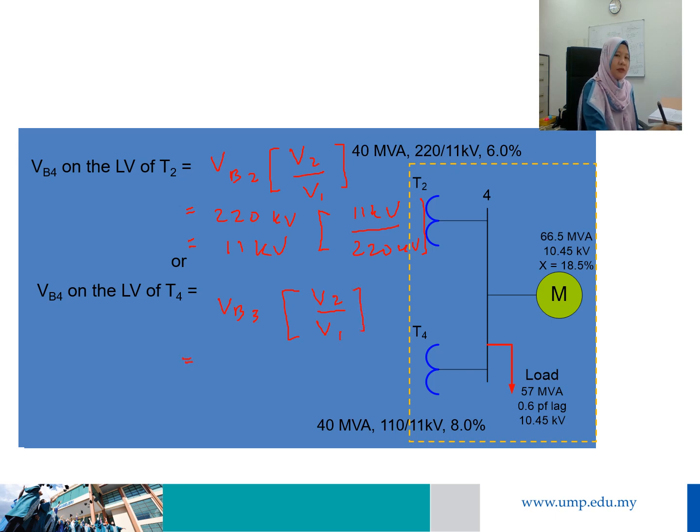So the base voltage for region 3 is equal to 110 multiplied by 11 kV divided by 110 kV, and we can see that we get a similar base voltage whether we refer to the low voltage side of T2 or the low voltage side of T4. So we get a similar result for the base voltage for region number 4, which is equal to 11 kV.